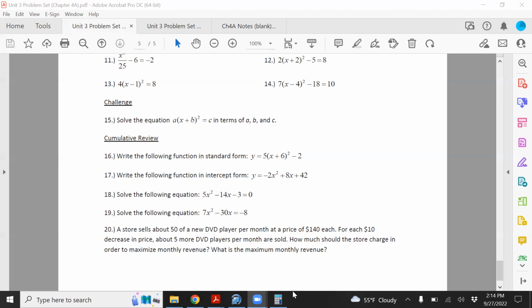Is it the chapter 4 problem set? Yeah. Let me update the others also.